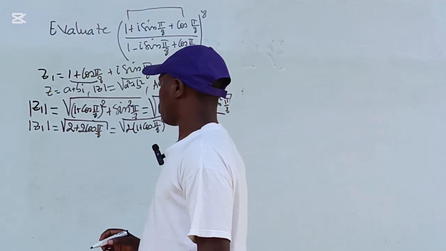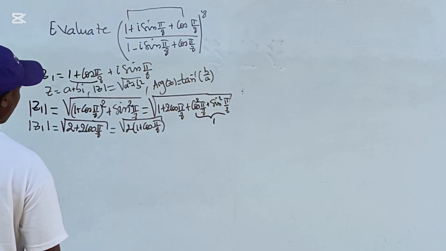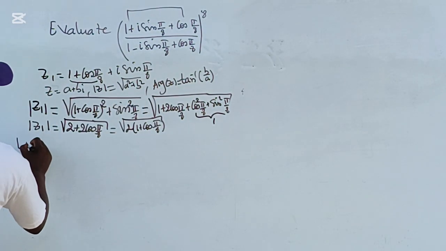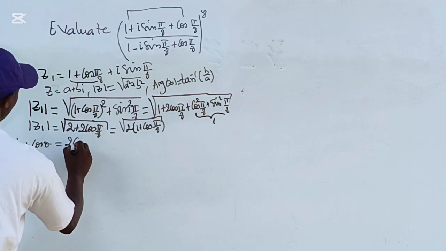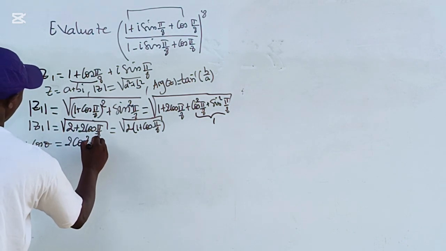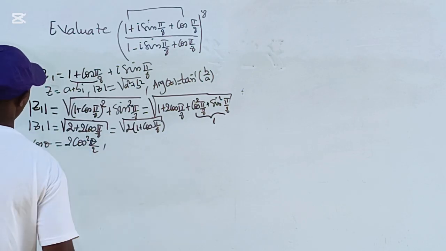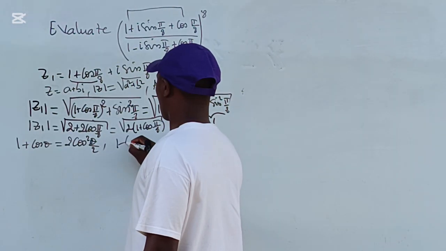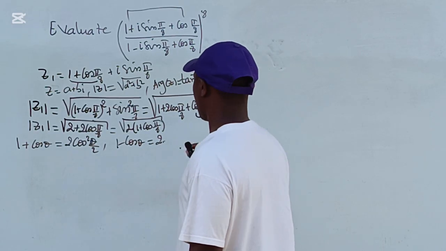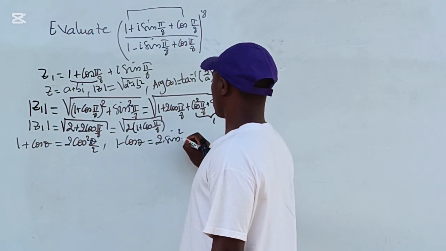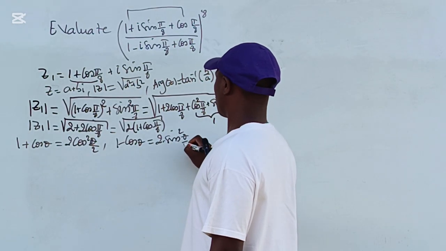From the linearization formula, we know that 1 plus cosine theta is 2 times the square of cosine theta over 2, while 1 minus cosine theta is 2 times the square of sine of theta over 2.